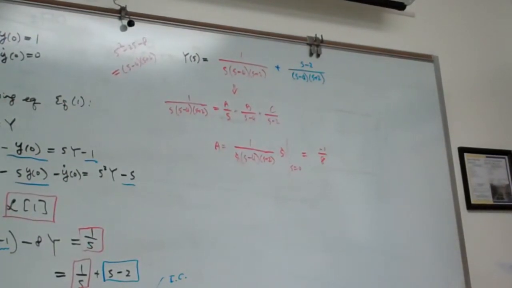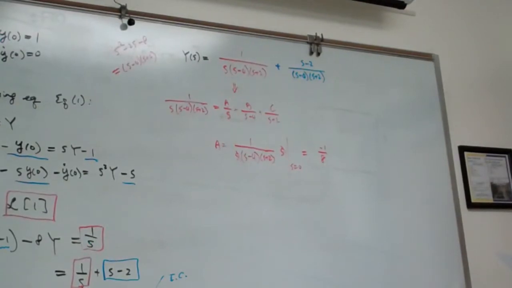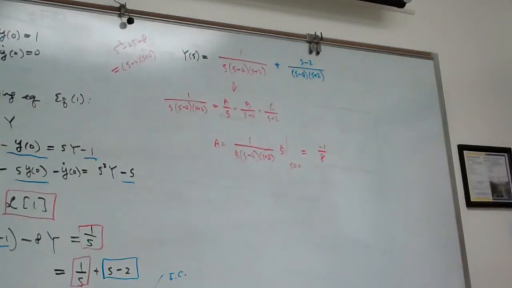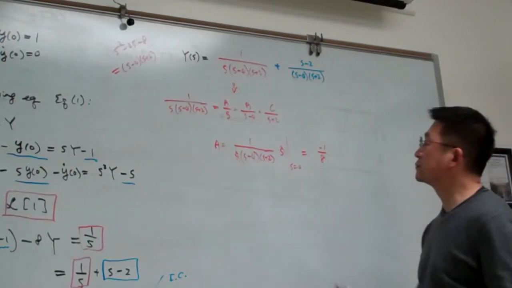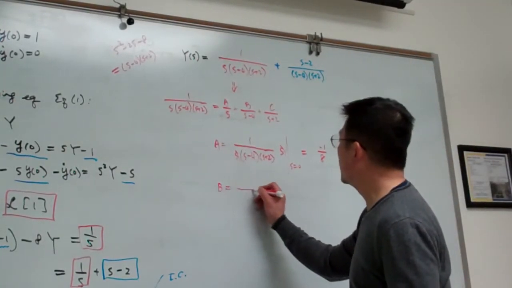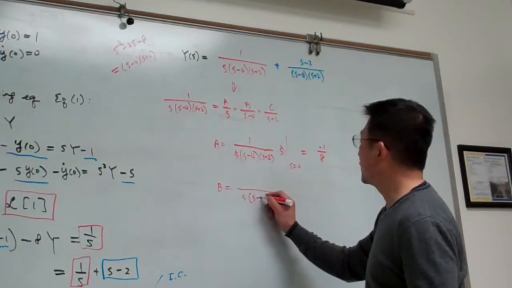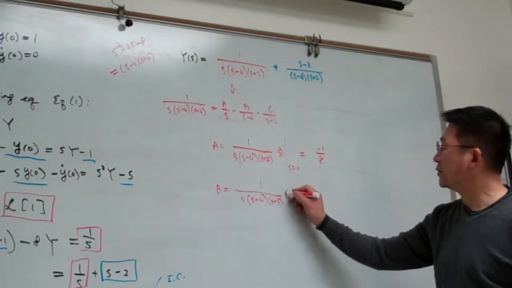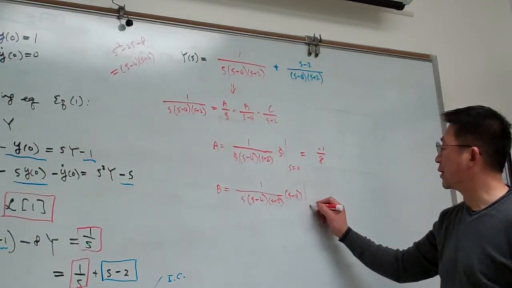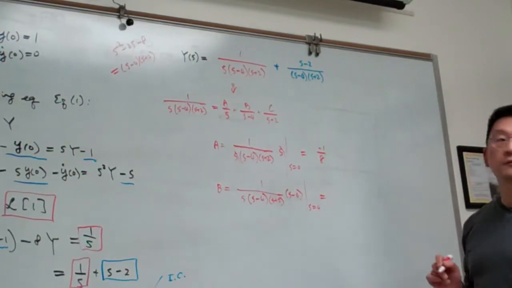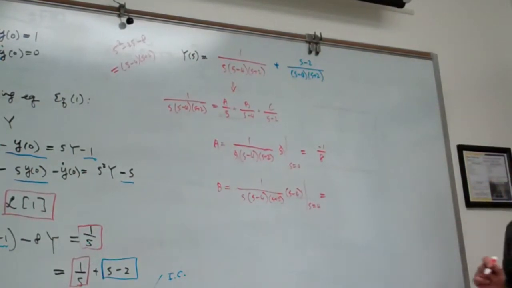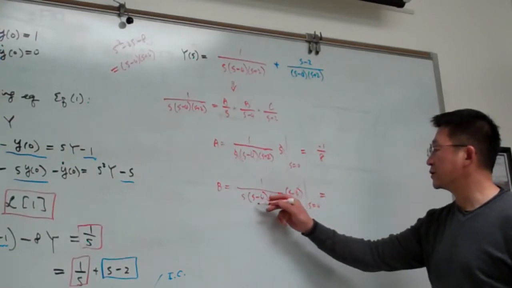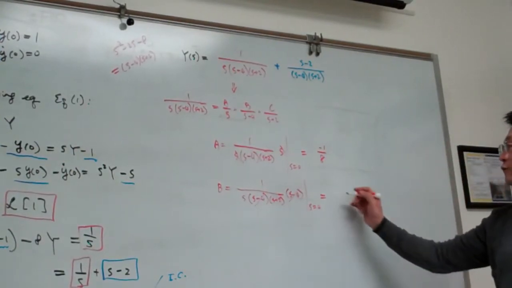Is that right? And what is B? B will be equal to s minus 4 and s plus 2, multiplied by s minus 4, when s equals 4. Okay? So that one cancels these terms, and when s equals 4 it is 1/8.